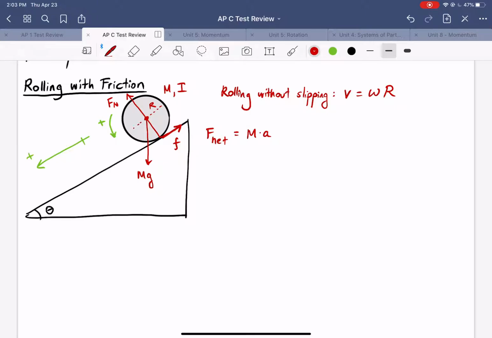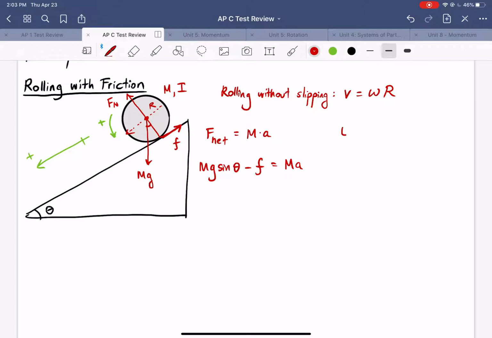One is the component of the weight that points downhill, which is mg sine theta. That's because this angle up here is the same as the angle of the incline. That will be in the positive direction, and then we have friction in the negative direction, so we subtract that, and that equals mass times acceleration. All right, so that's one equation, and we're just going to leave it in this form for now.